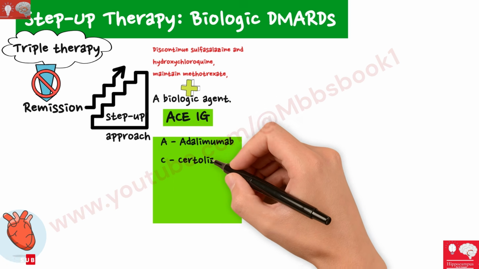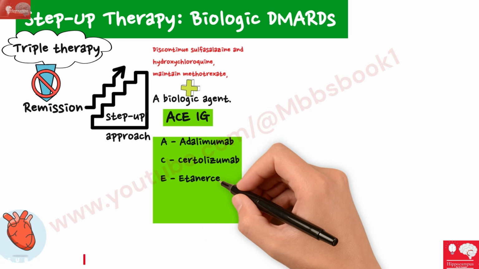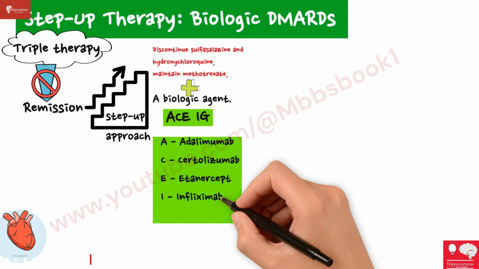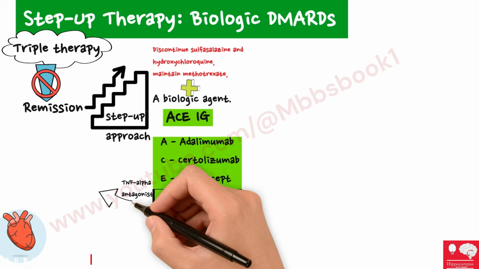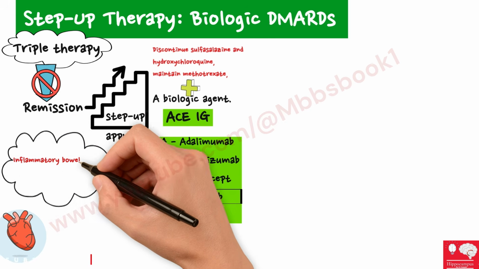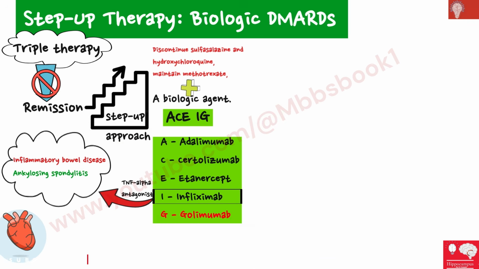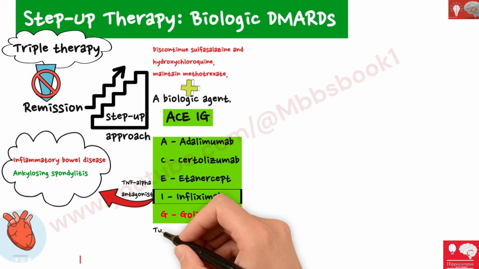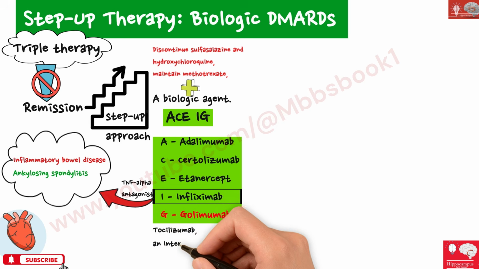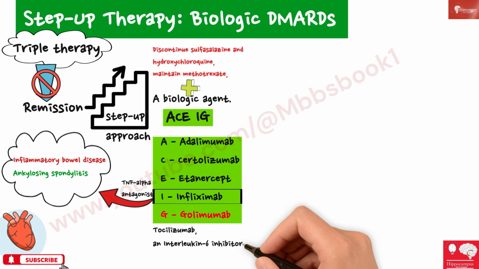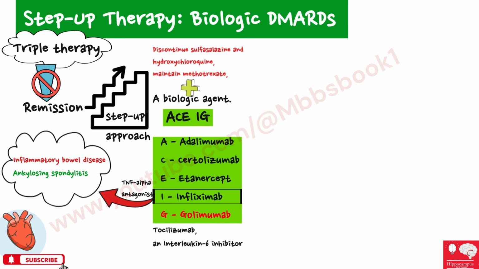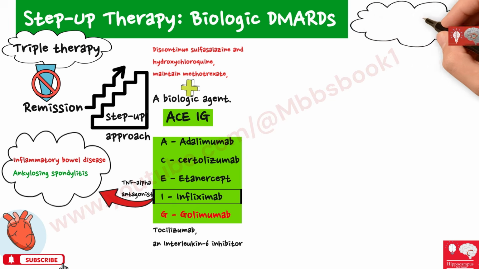C. Certolizumab. E. Etanercept. I. Infliximab, a TNF-alpha antagonist also used in inflammatory bowel disease and ankylosing spondylitis. G. Golimumab. Another biologic is tocilizumab, an interleukin-6, IL-6, inhibitor. IL-6 plays a significant role in the pathogenesis of RA, justifying its use here.